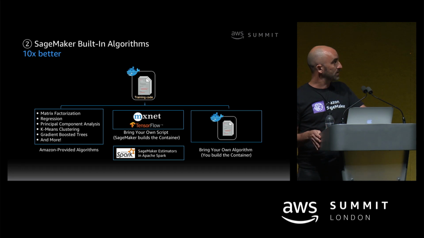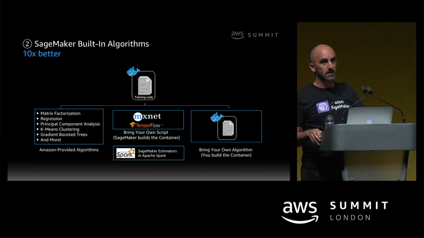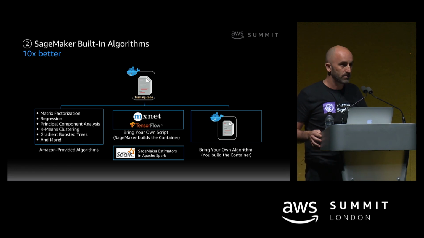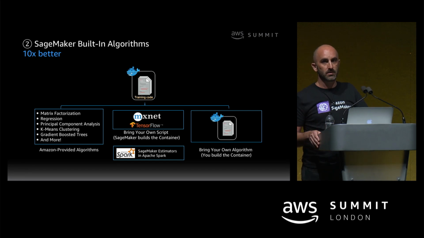You have to build a Docker image for your training job and for inference, but it provides maximum flexibility and control that many experienced data scientists have. There's also interworking with Spark. So what we're seeing customers do is they are doing a lot of their data pre-processing in their Spark cluster and then offloading the model training to SageMaker.